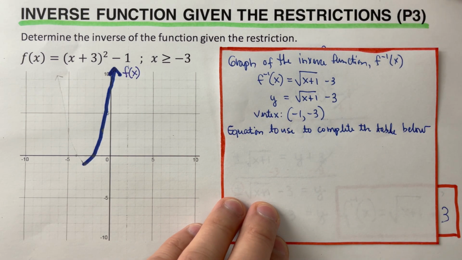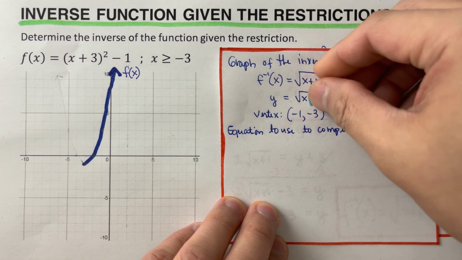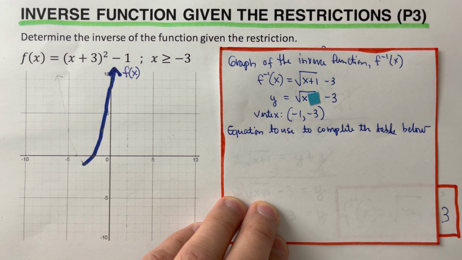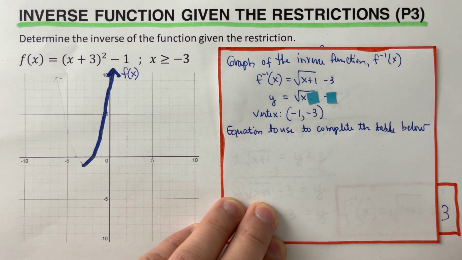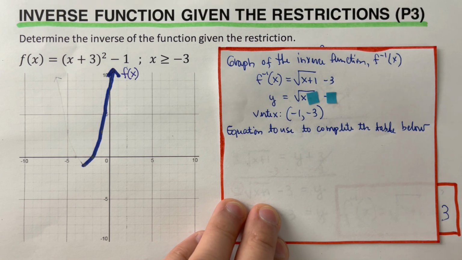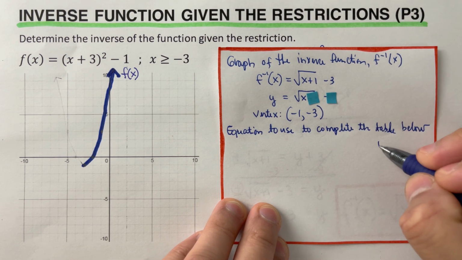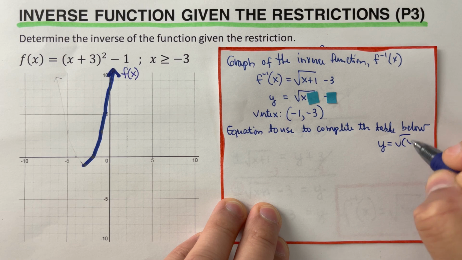Again, the trick is that we are supposed to cover the h, that's 1 right there, and we cover the k, and then whatever is left over, that's the equation that we're going to use in order that we can complete the table. So the equation that we are left with is y is equal to the square root of x.